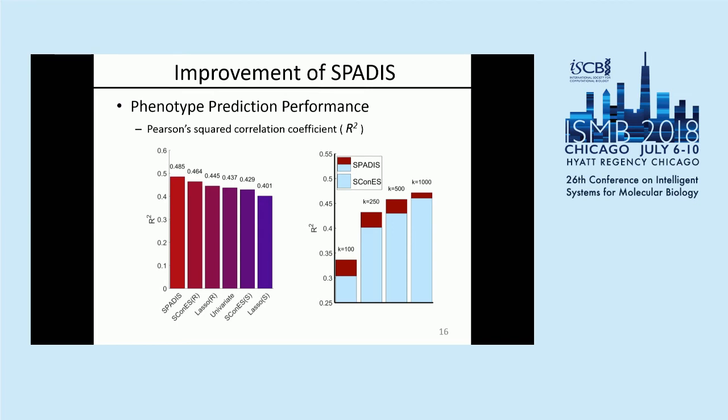So we performed some additional experiments for comparing them. On the figure on the right side, we compare SPADIS and SCONES over different cardinality constraints. The figure shows the improvement of SPADIS over SCONES. So SPADIS provides consistent improvements in phenotype prediction performance.